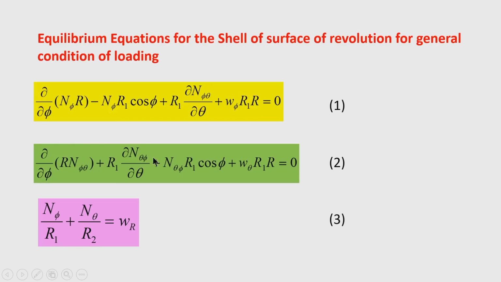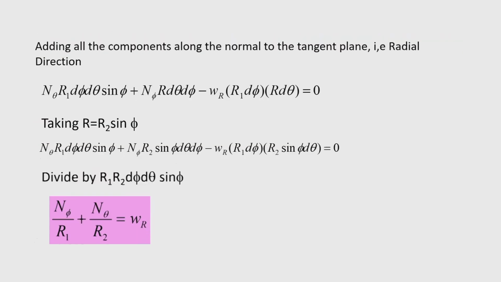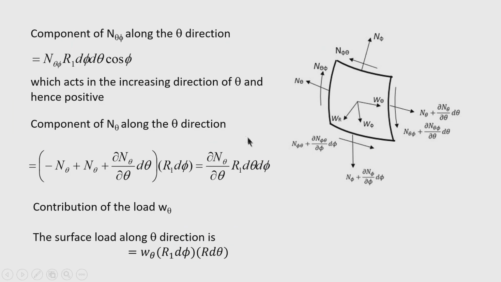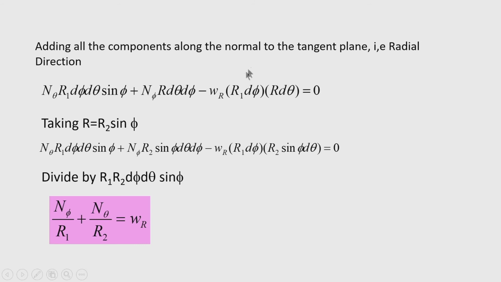Now, when we defined the load, we took the load component W r away from the center, therefore outwards. So, in the outward direction we take the load as negative. Therefore, it is written as minus W r r 1 d phi r d theta. So, all the quantities are added up, and then we can form the equilibrium equation.